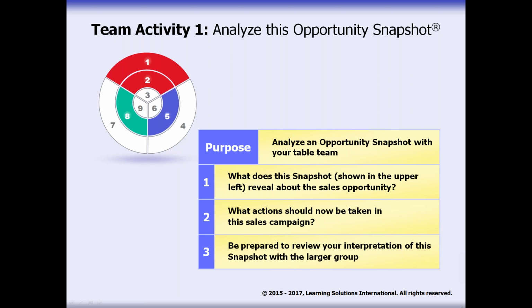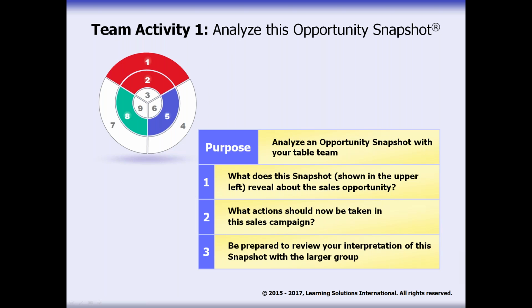We appear to have some level of executive credibility and support. Number 8 is colored in, but we don't have access to and we're not aligned with the relevant executive, criteria number 9. So none of the criteria closest to the center of the bullseye or the snapshot are colored in, 3, 6, and 9. So it appears we need to implement a number of actions to obtain some of this missing information. And that probably should be one of the focuses if this is early in a sales campaign.